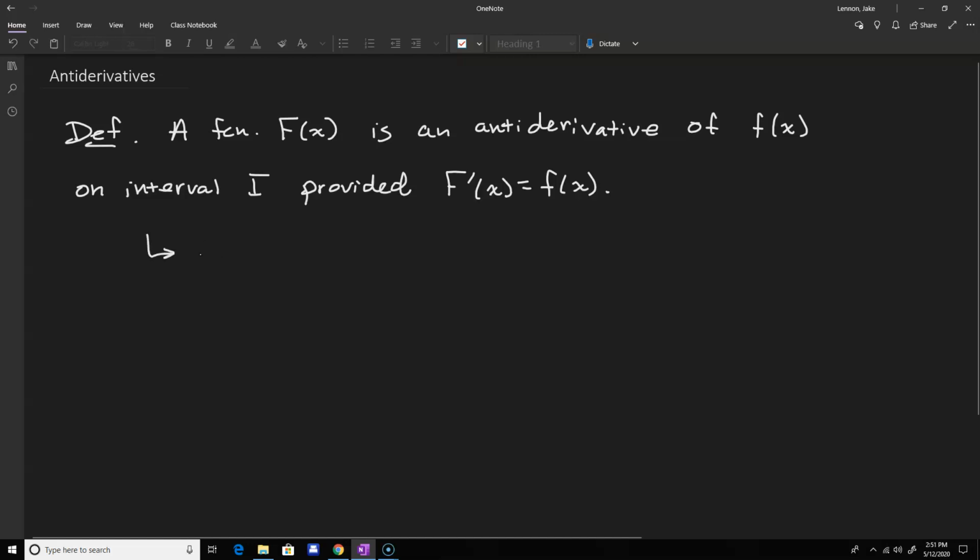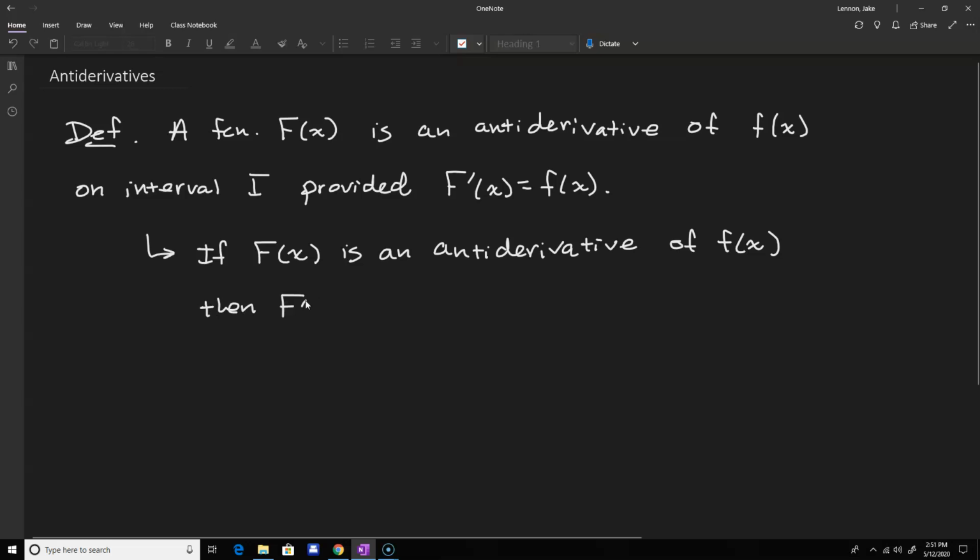So we could say if capital F of x is an antiderivative of f of x, then we could get all the possible antiderivatives by looking at F of x plus c.